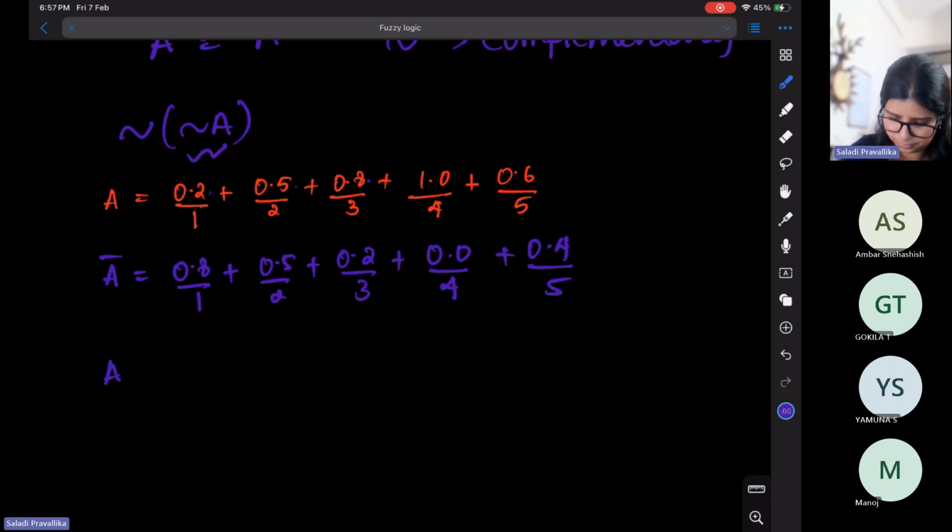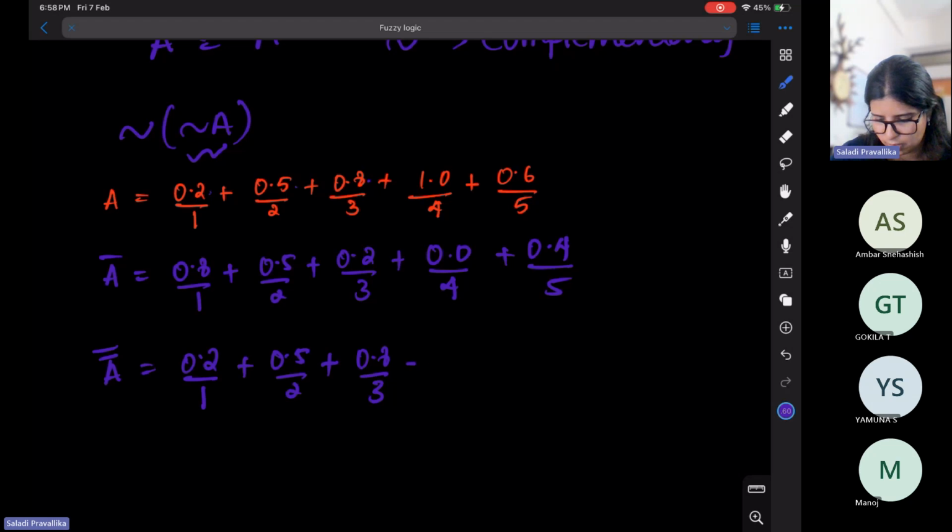I'll immediately see. Okay. Now, if we are taking A double bar, that is you are taking the complement over A bar, right? So 1 minus 0.8 is 0.2, 0.5, 0.8, 1 minus 0 is 1, and 1 minus 0.4 is 0.6.